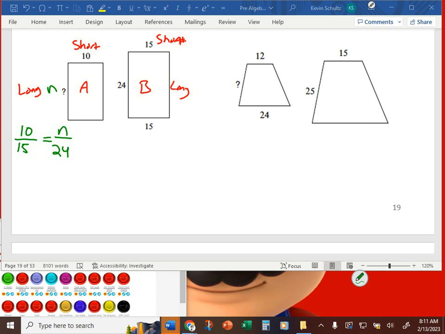Give me another way to set this up. If we start with that 10 again, the short of A, what else could we use for the denominator of that first fraction? If we start with short of A, we've already done short A over short B. What's the other option? Short A over short A over long A equals short B over long B. Here we're starting with short A. What's our other option?